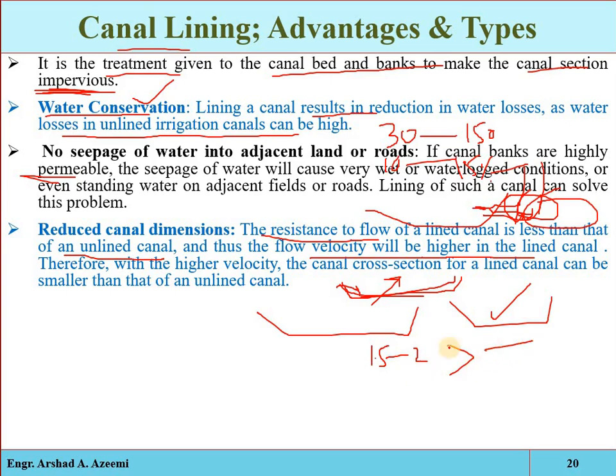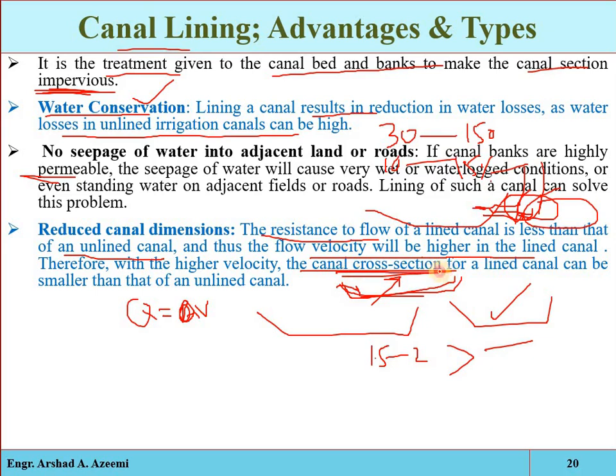Now if we can increase the velocity in a lined canal, then we can reduce the cross section. We know that discharge is equal to AV. So if we line a canal, we can increase the velocity, and so we can decrease the cross-sectional area.